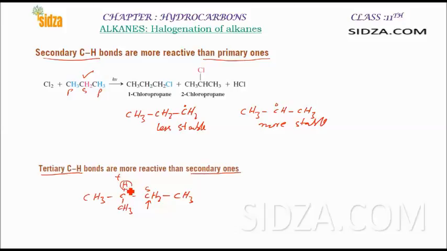When you replace the hydrogen from the tertiary, you get a tertiary free radical, from the secondary you get a secondary free radical, and from these carbon atoms you get the primary ones. The stability order is always tertiary free radical more stable than secondary, more stable than primary. That's why the tertiary hydrogen will be more easily replaced than the secondary, than the primary.